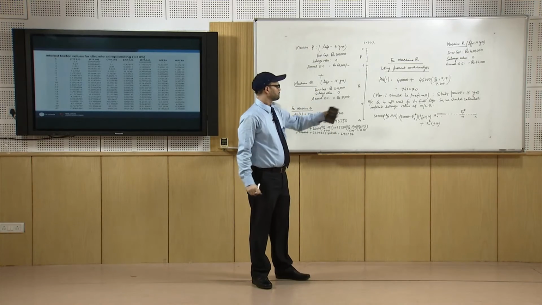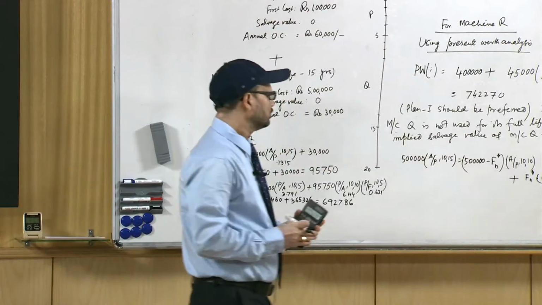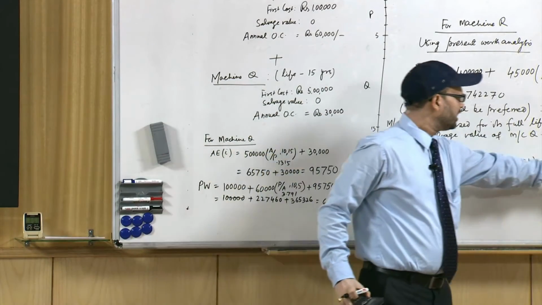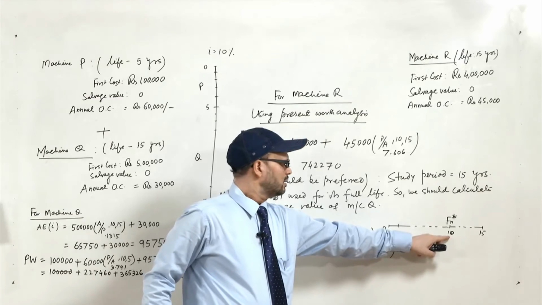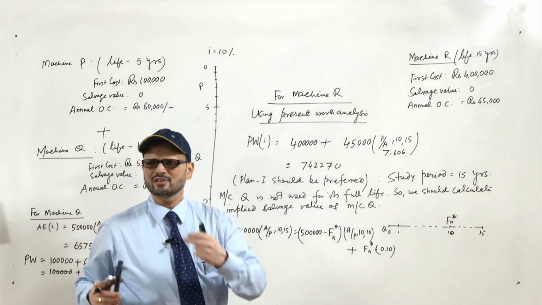So, this is the equation to find the implied salvage value, which assumes that if the machine is thrown away after 10 years, it still has a certain salvage value.